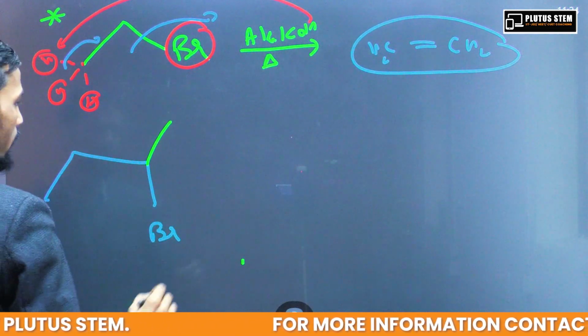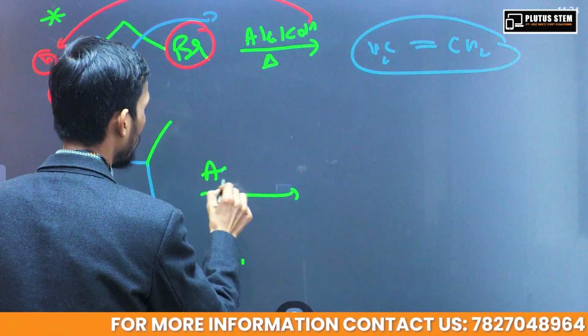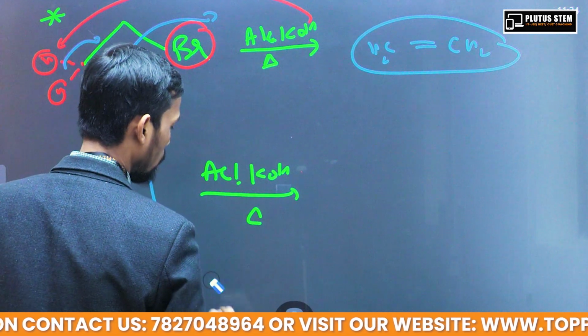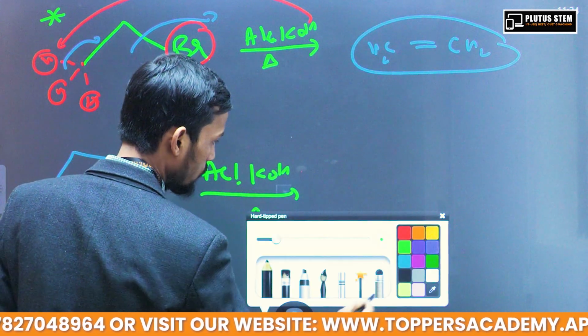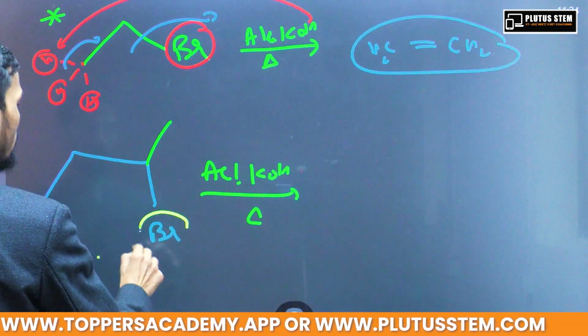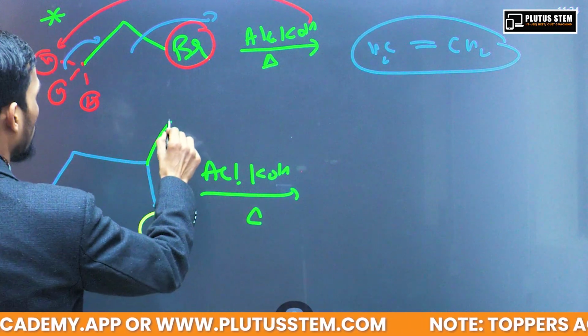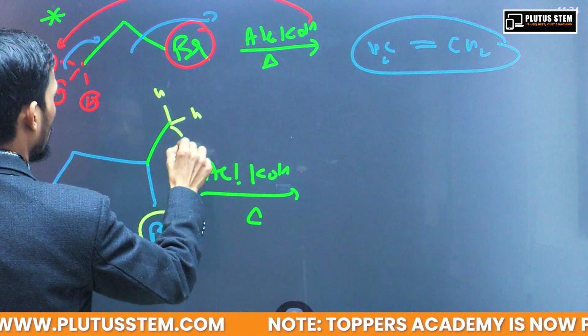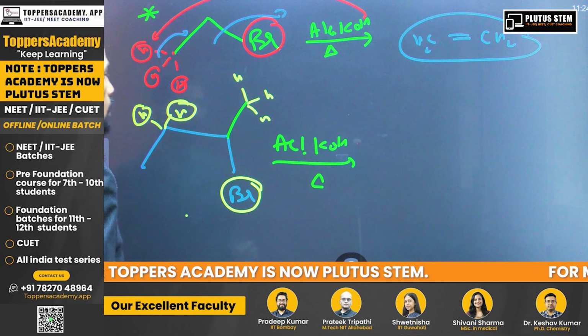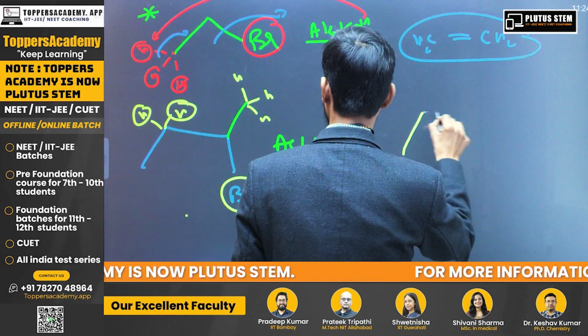This is our moiety, and we are now taking alcoholic KOH in the presence of heat. If we plan the reaction with alcoholic KOH and heat, what will happen? The bromine is going to leave. So now two possibilities are there: hydrogen at this side and hydrogen at this side. So we are going to get two types of product now.